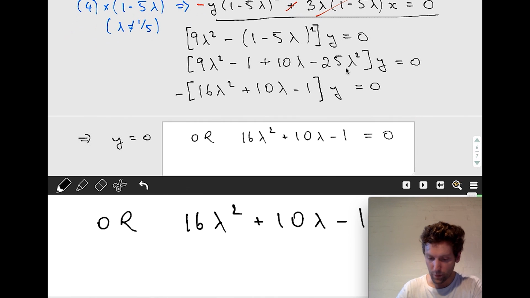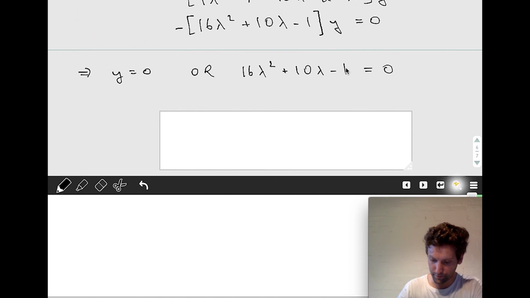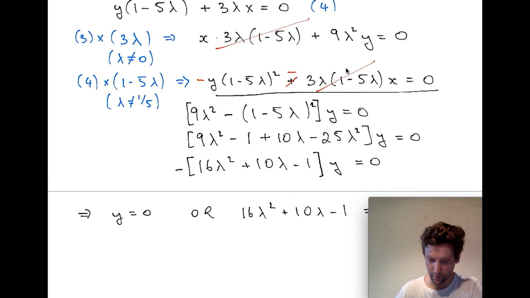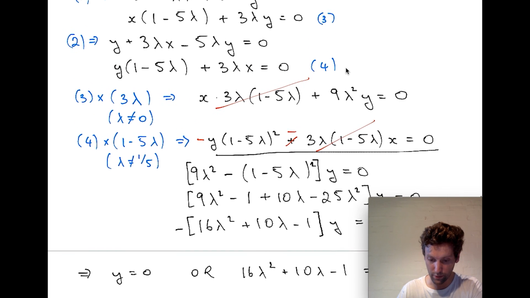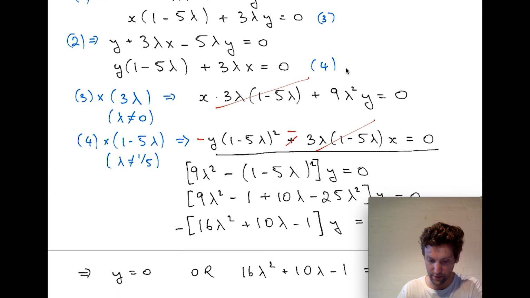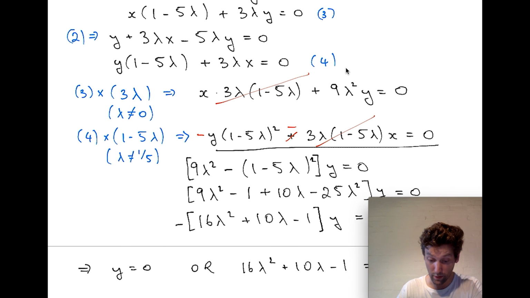So if y is equal to 0, what are the consequences of that? Let's revisit equation 4. Remember, equation 4 said that y times this plus 3 lambda x was equal to 0. So if y is equal to 0, this term goes away, and I'm left with 3 times lambda times x is equal to 0.